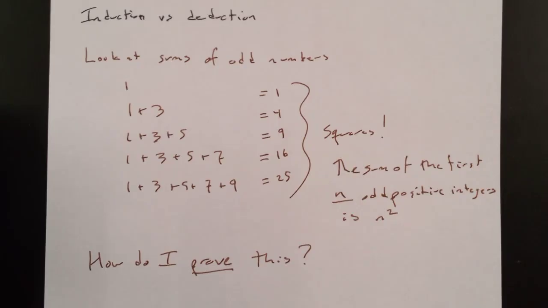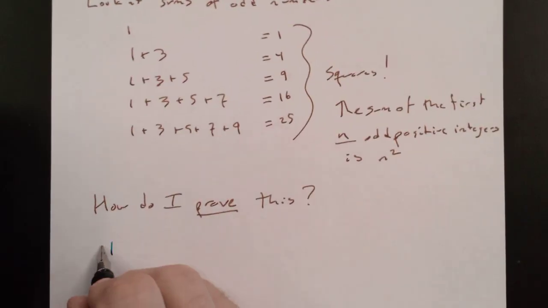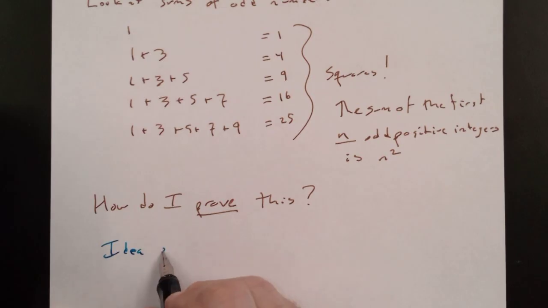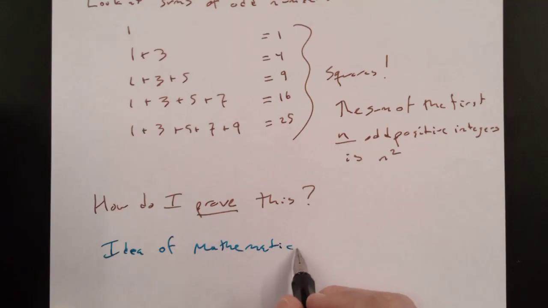The method of mathematical induction can be thought of in two different images for you. Either as a ladder or as a sequence of dominoes. I want to think about this.